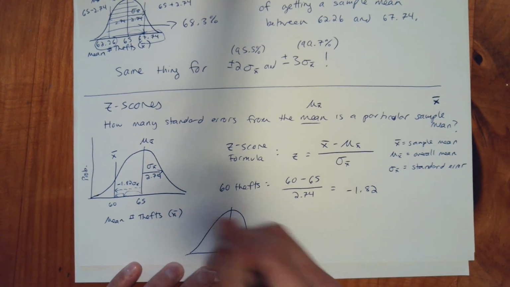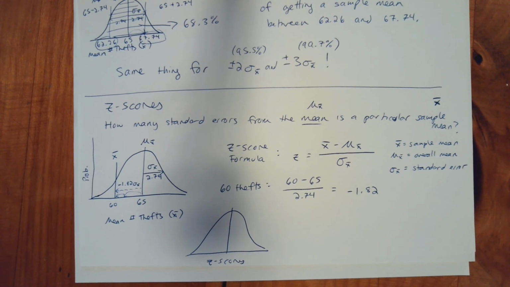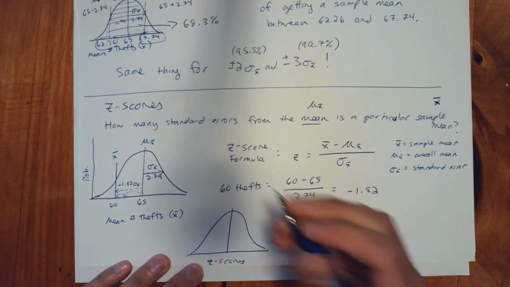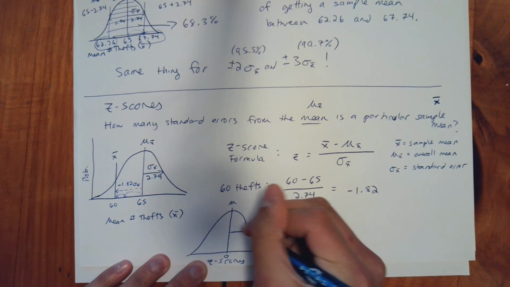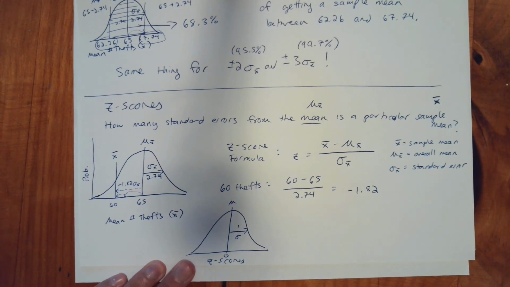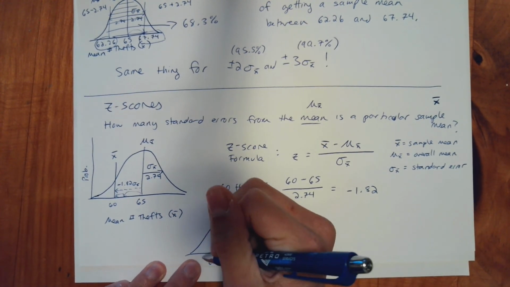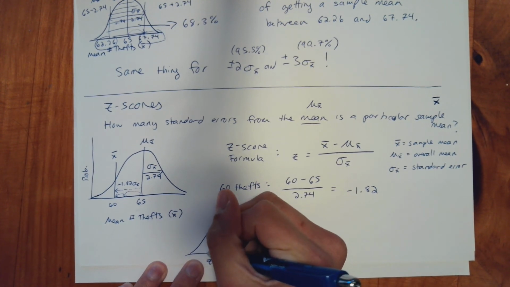So right here, I'm just drawing our standard normal distribution, which has units that are z-scores. So we've converted our mean number of thefts here just to straight up regular z-scores. We have a mean of 0, a standard deviation of 1, and we can plot our sample mean of 60 on the standard normal distribution as well.